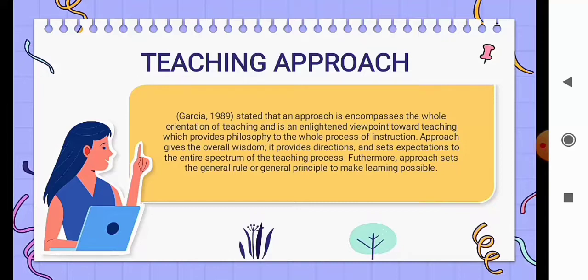Approach gives the overall wisdom. It provides direction and sets expectation to the entire spectrum of the teaching process. Furthermore, approach sets the general rule or general principle to make learning possible.